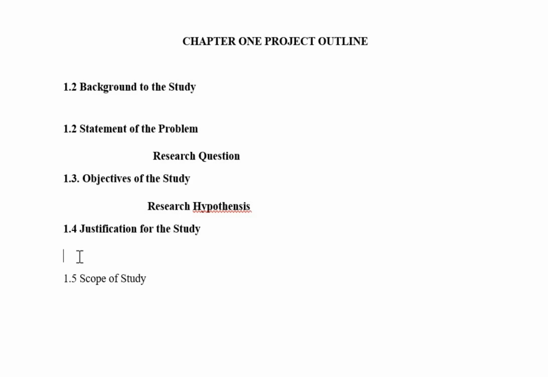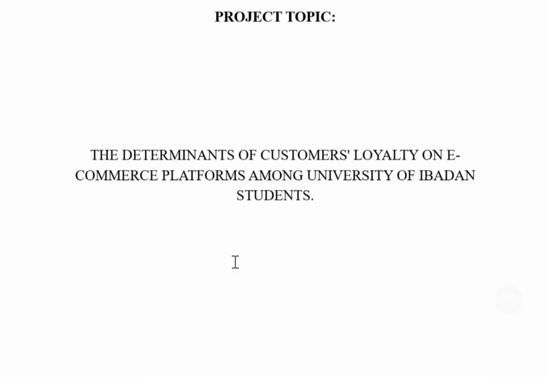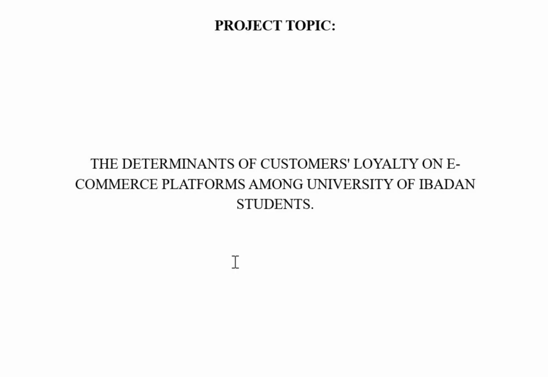But under primary data, the scope of the study will be explaining your area of concentration, or your case study, in short. As far as this topic is concerned, if you look at the title, it is determinants of customer loyalty on e-commerce platforms among University of Ibadan students. So that means my scope of the study is among University of Ibadan students.